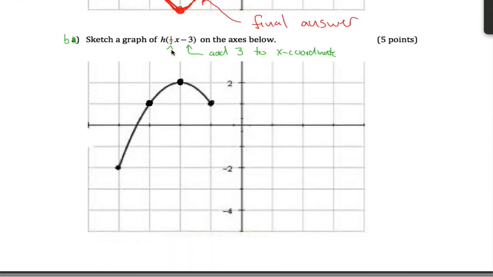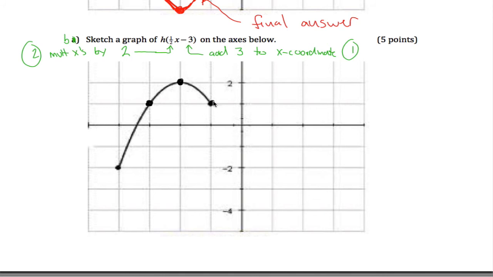And this 1/2 right here, I'm going to have to multiply my x-coordinate by something. But it's not by 1/2, it's by the reciprocal of 1/2. I'm going to multiply my x's by 2. You might think 1/2, but the reciprocal of 1/2 is 2, and that's what I multiply the x values by. Furthermore, I got to make sure I do this one first and this one second.